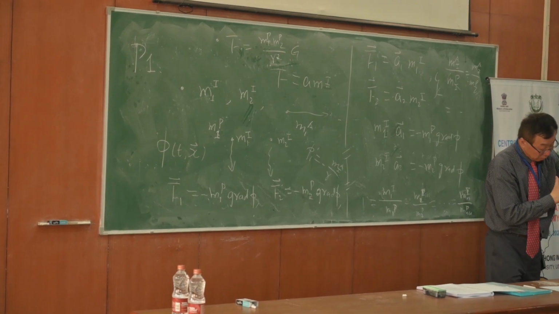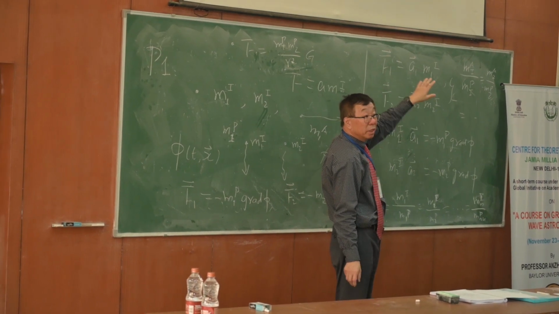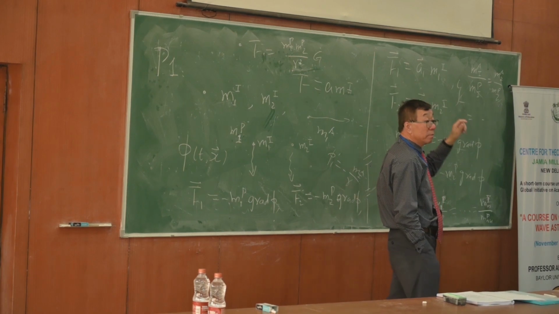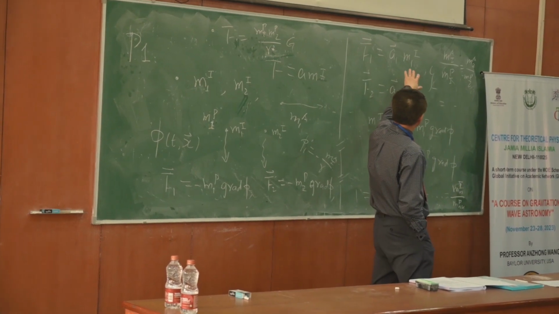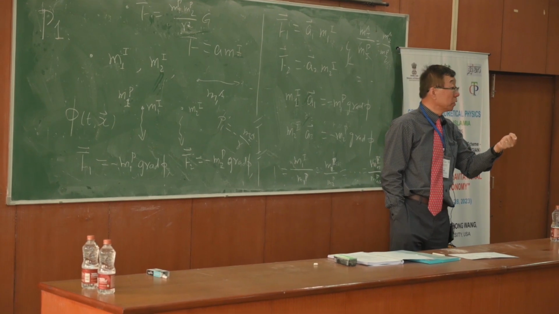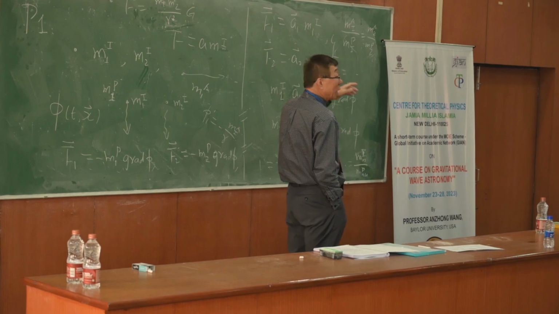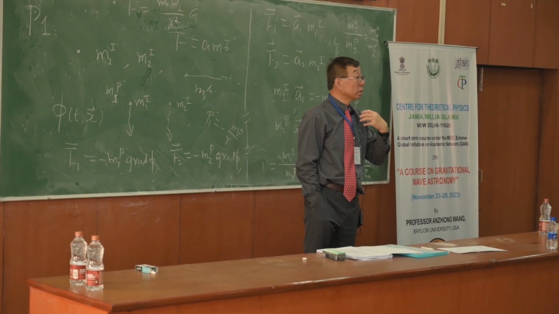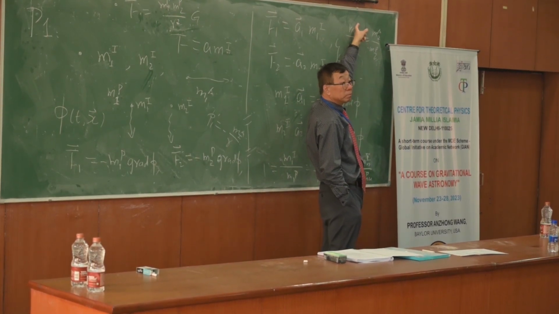Okay? So what I have introduced here are three different masses. If a particle has a mass, this particle will produce a gravitational field. This is called the gravitational active mass. This measures the strength of the gravitational field produced by this mass. There is also the particle that feels the gravitational field, so you also have M2P.